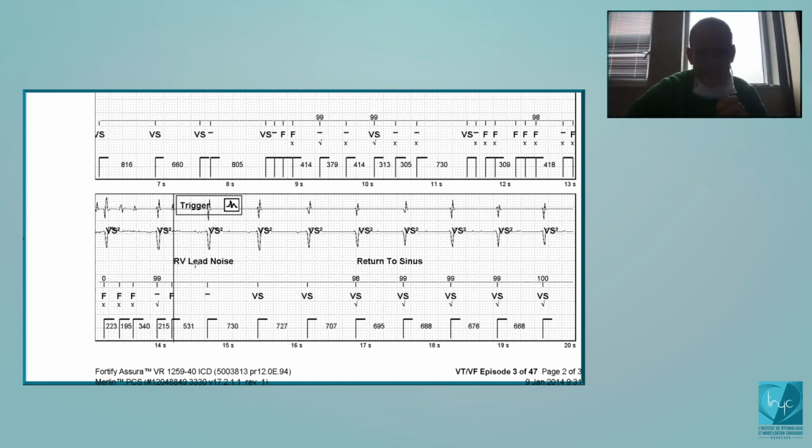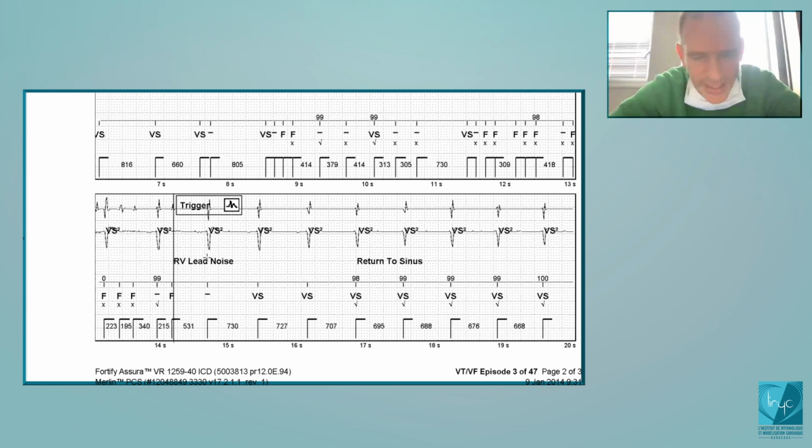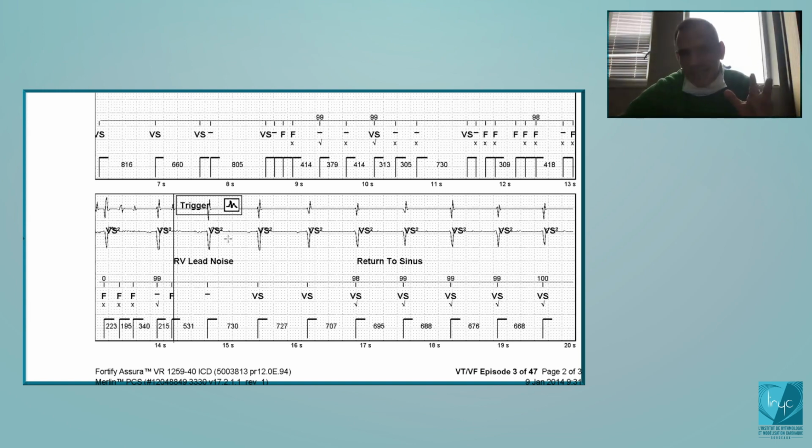Okay, so with this, in case of noise, no therapy is delivered. The therapies are inhibited, and then there's going to be alerts in remote monitoring and a notification with a vibration for the patient.